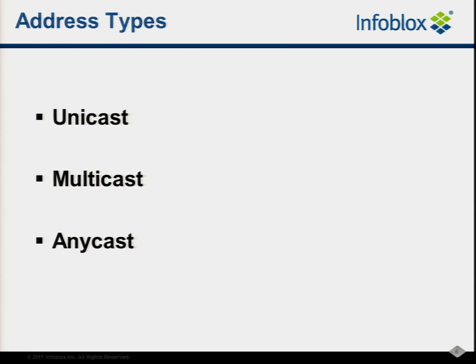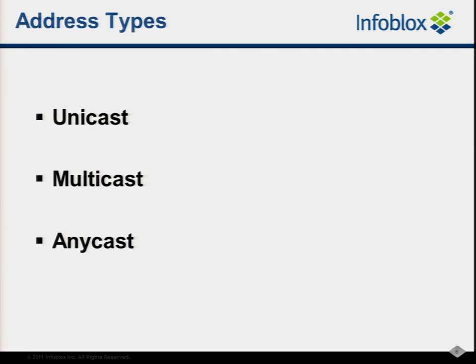There are 3 basic types of addresses: unicast, single sender, single receiver; multicast, single sender to multiple receivers. Anycast is really not a type, but it's usually put in this list. This is the same trick we do with Anycast in v4.